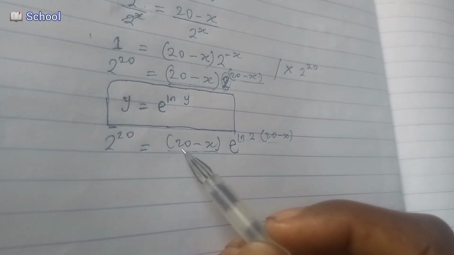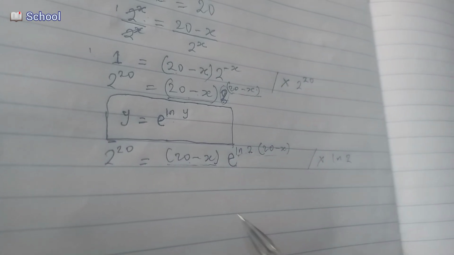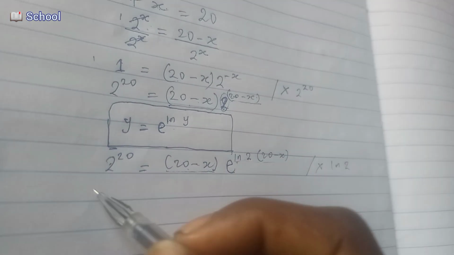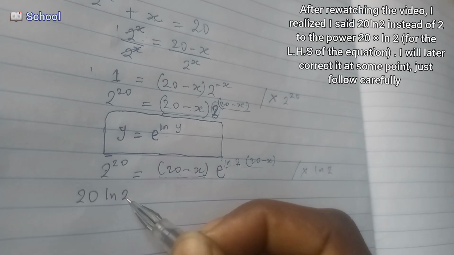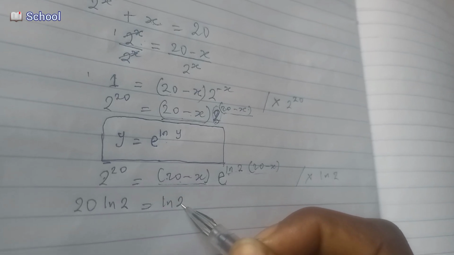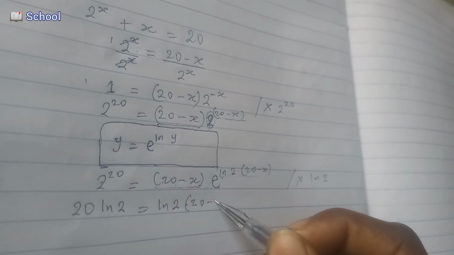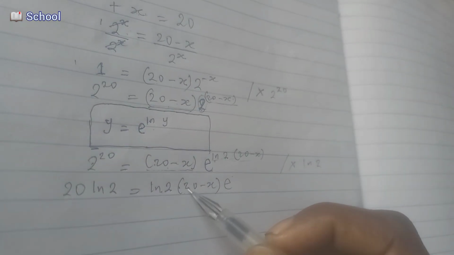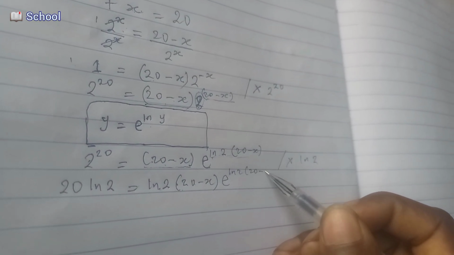Now what makes here and here different is this ln 2. So if we multiply both sides by ln 2, this side multiplied by ln 2 will be 20 ln 2, right? Equals, now this side multiplied by ln 2 will be ln 2 times all of this, which is ln 2 into bracket 20 minus x, times e to the power of ln 2 into bracket 20 minus x.